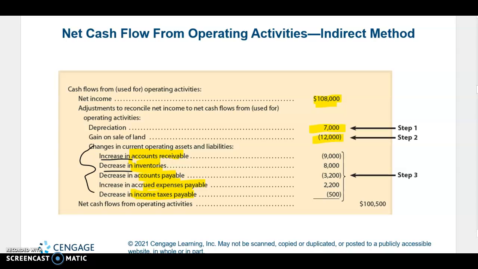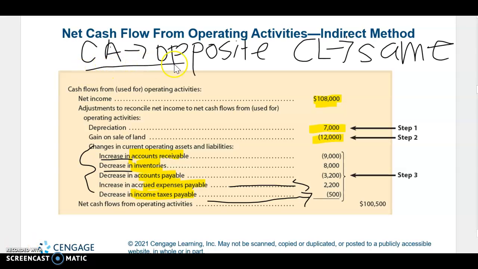So it says increase, so we also increase because it's the same. And then decrease, we also decrease. So again, current assets work the opposite, current liabilities work the same.